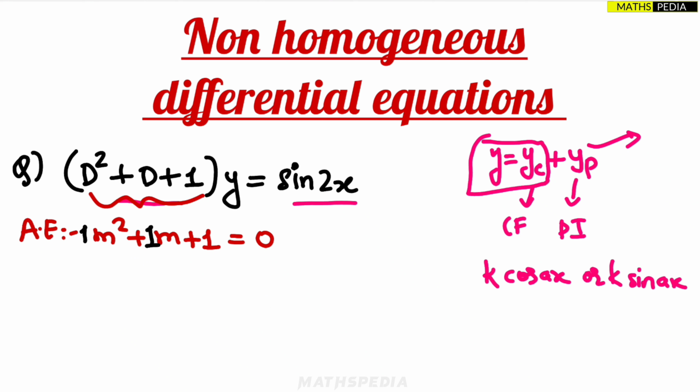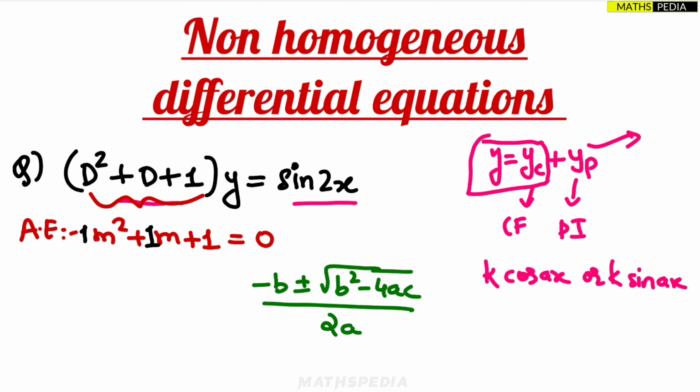So how to apply the quadratic formula, let us see. Minus b plus or minus square root of b square minus 4ac divided by 2a, this is the quadratic formula. Okay, so here you will be getting the m value. Now what is a, b, c? a is the coefficient of m square, so a value is 1. b is the coefficient of m, b value is 1 again, and c value is the constant, that is also 1 again.